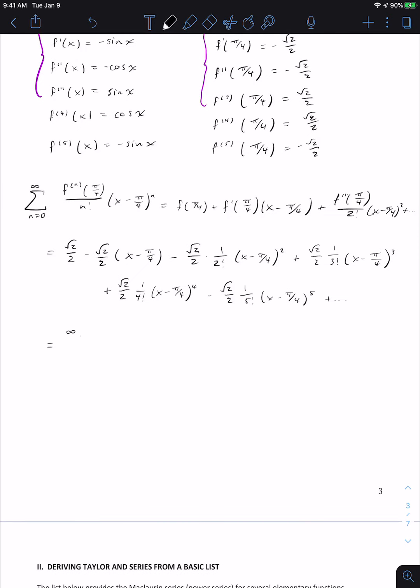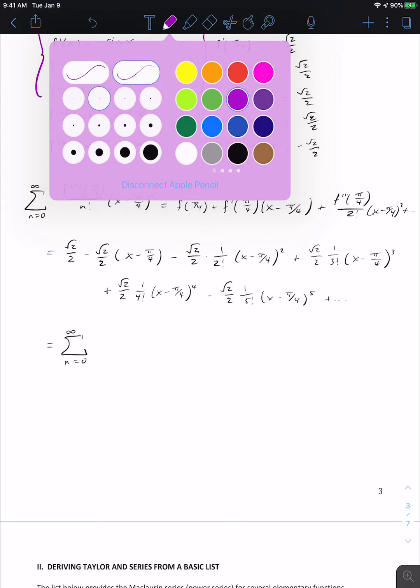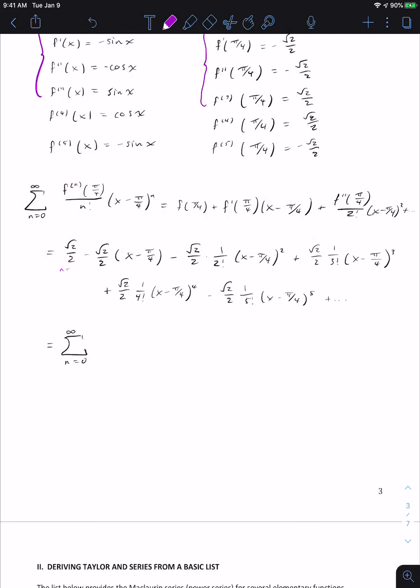So let's write everything else except for the sign of each one of these. Again, I'm starting at n equals 0. So this is n equals 0, then n equals 1, n equals 2 term, n equals 3 term, n equals 4 term, n equals 5 term, and so on. First we notice that every single term has a radical 2 over 2 in it, so I need to make sure that's there.